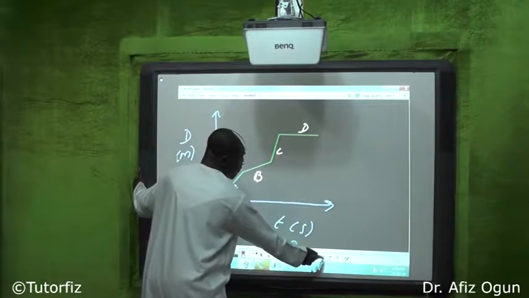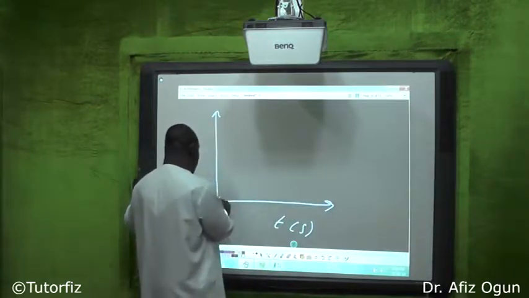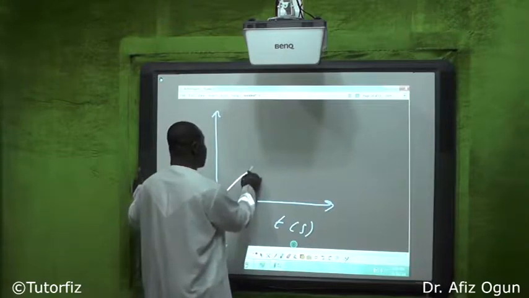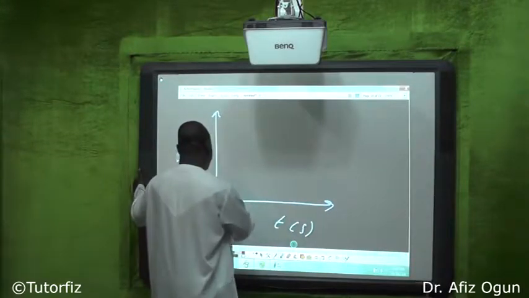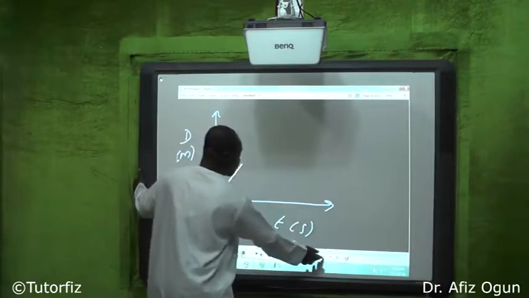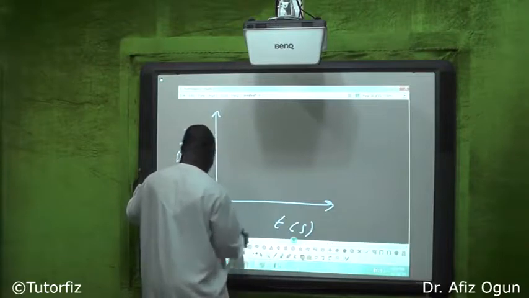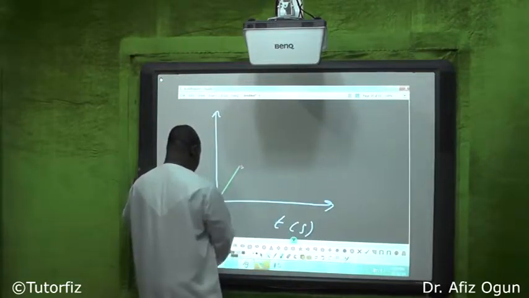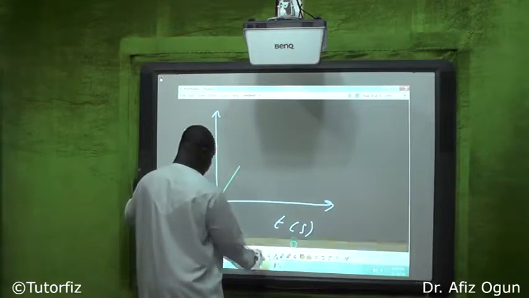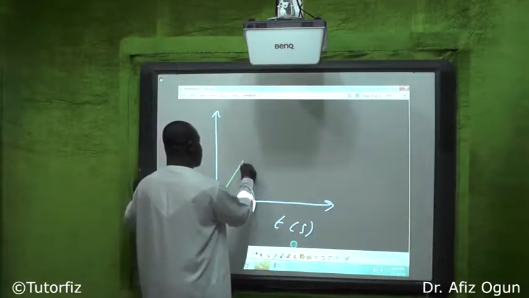So what we have, you see, it was moving at uniform speed, then it was moving at uniform speed, then decided to change the speed, gradually changing the speed.